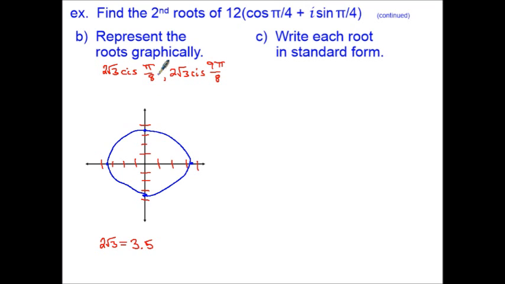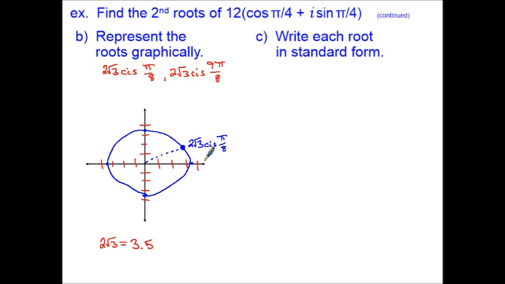I've got pi over 8 and then 9 pi over 8 as my 2 angles. Pi over 4 is a 45 degree angle, so pi over 8 is half of pi over 4, which means going about halfway. Right there is my first root, 2 root 3 cis pi over 8.